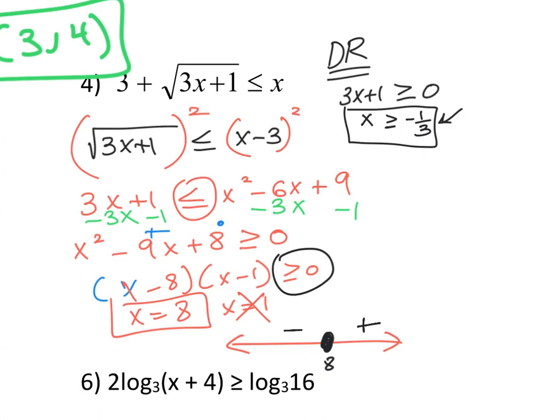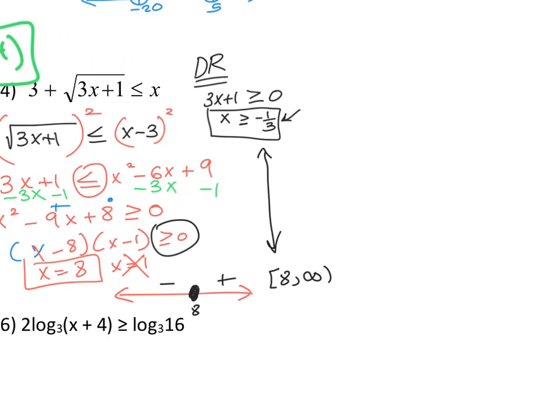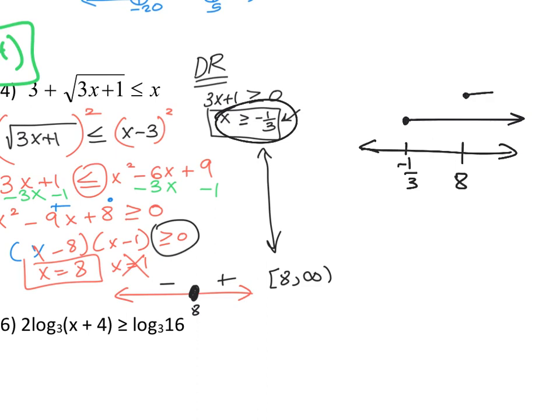I only need the positive, so that's going to be anything from 8 to infinity. Now, remember, you need to include the domain restriction and the solution into one solution. So you want anything that's greater than or equal to negative 1/3, anything greater than or equal to 8, and these will meet over here, so then the final solution is going to be from 8 to infinity.